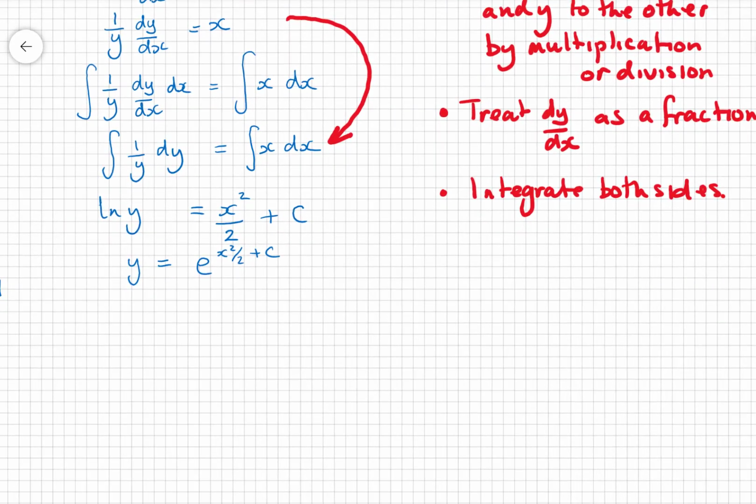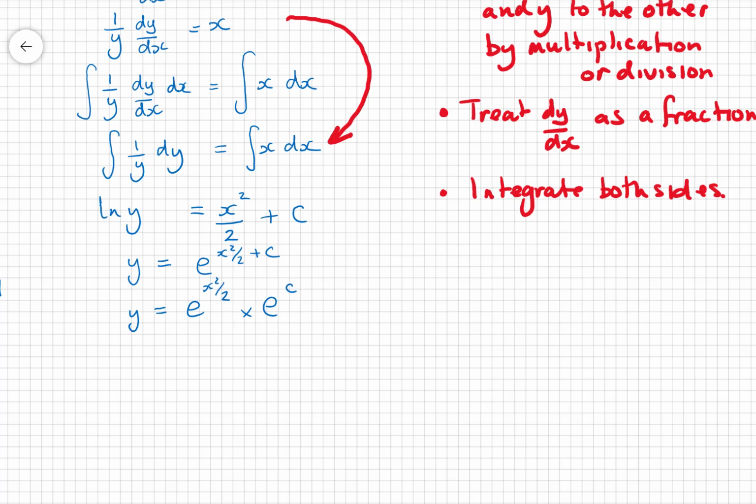From one point of view, of course, already we have now solved this differential equation, but it's often convenient to go a little further, and we will do that in this case, and reminding us of the rules of indices, we can split the right-hand side into e to the power of x squared over 2 times e to the power of c.